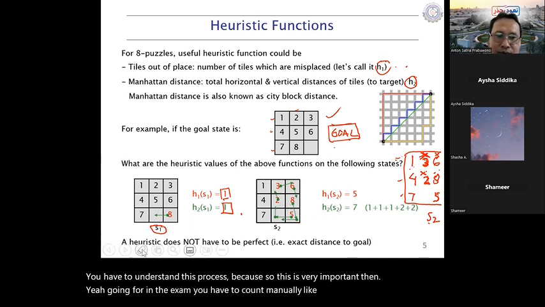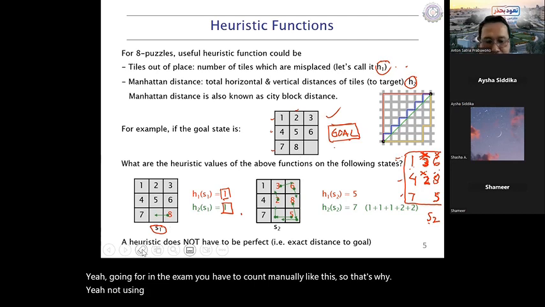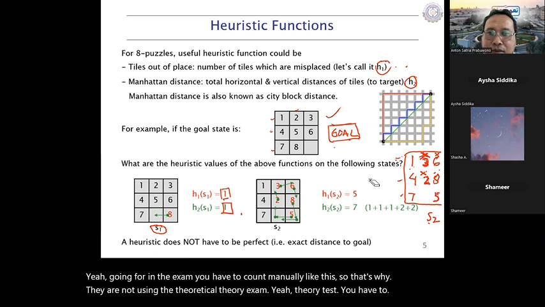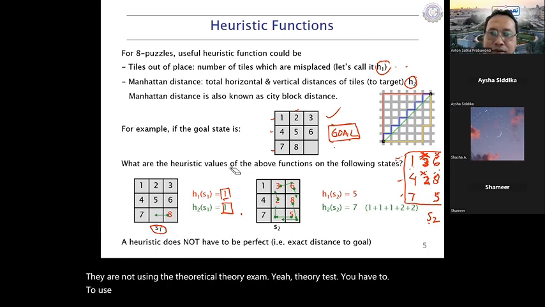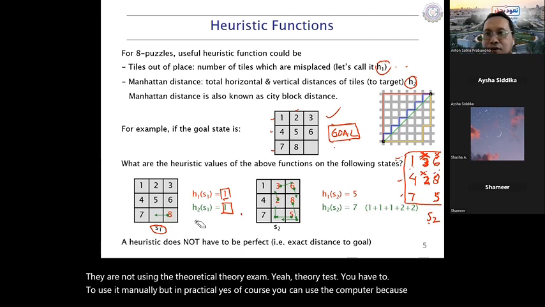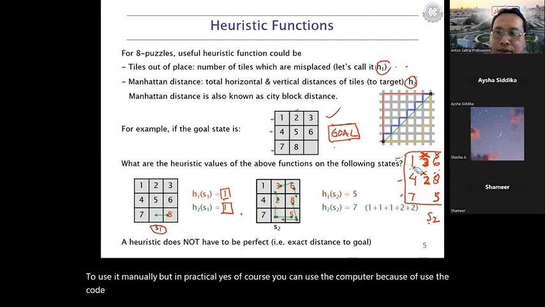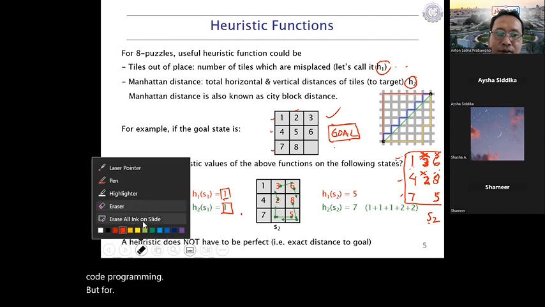For the theory test you have to do this calculation manually. But in practical, of course you can use the computer, because we use code, programming.